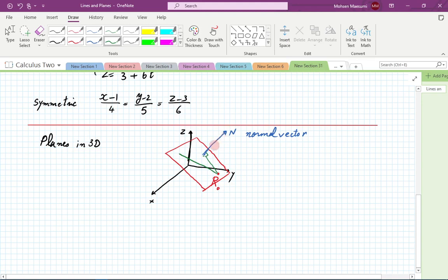In the sense that if I take this vector n and transport it parallel to itself until it touches this other green vector, these are perpendicular to each other as well. So this normal is normal to every line, regardless of what line I draw here. They all have the same property, that it is perpendicular to all lines on the plane.